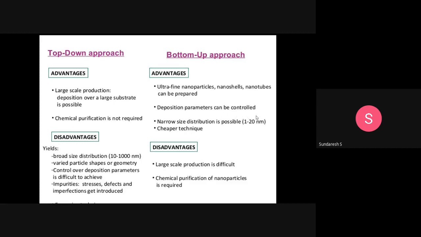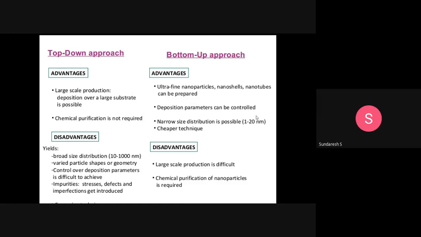This is one of the most important advantages of bottom-up approaches. So the control of deposition parameters is in our hands. You can control depending upon what kind of shape, what size will be required, and what should be the bonding strength between the two particles. Everything is in our hands.